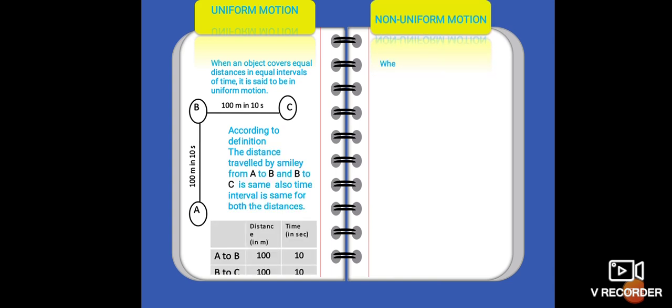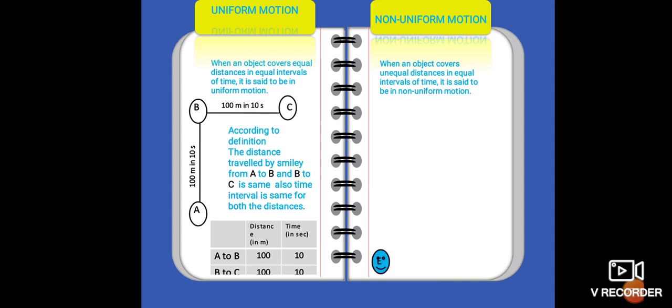When an object covers unequal distances in equal intervals of time, it is said to be in non-uniform motion. सेम इक्वल इंटरवल टाइम होगा, बट जो डिस्टेंस कवर किया जाएगा उस ऑब्जेक्ट के थ्रू वो अनइक्वल होगा. लुक एट द पिक्चर.